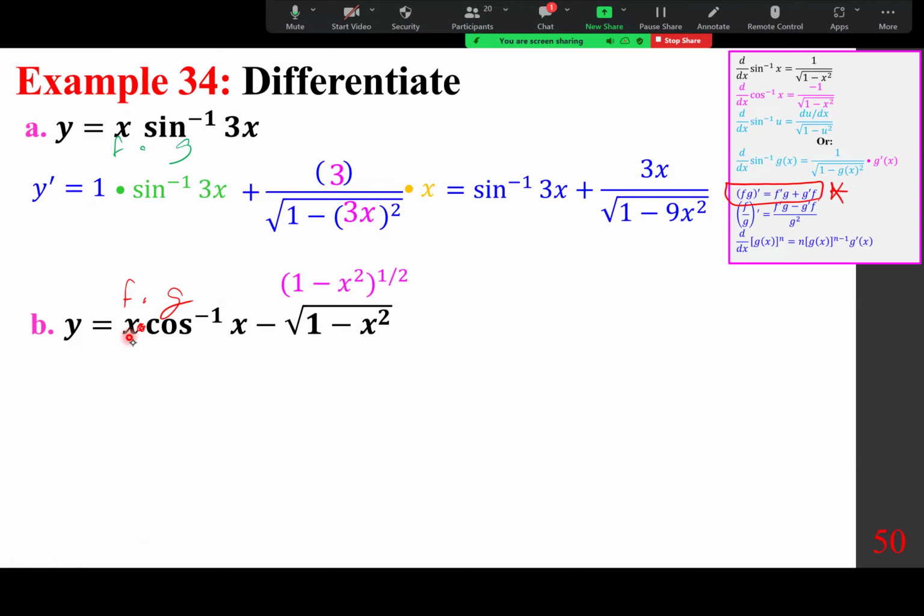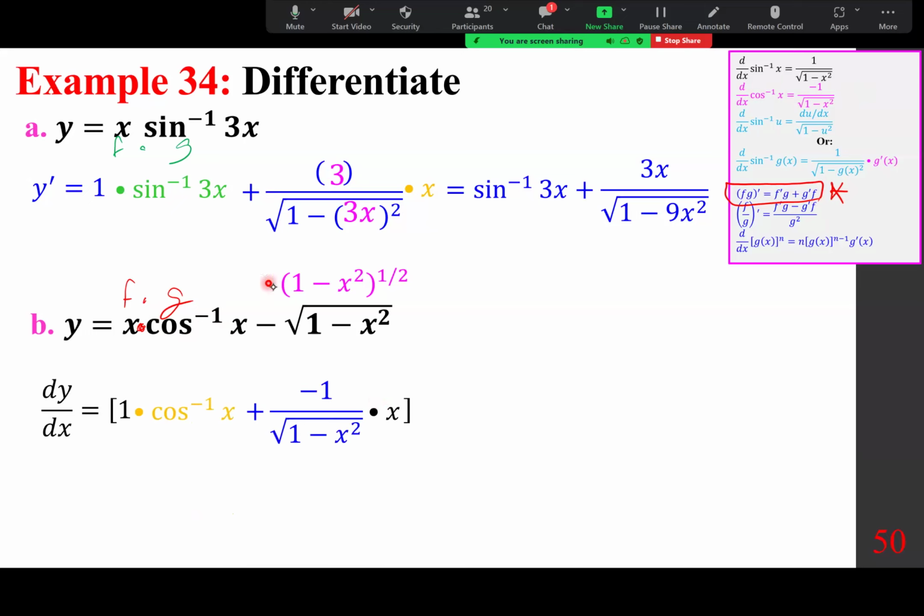So x gives you 1. So dy dx is 1 times cosine inverse, f prime g, plus g prime f, the derivative of cosine inverse, is -1 over the square root of 1 minus x squared times f, which is x.